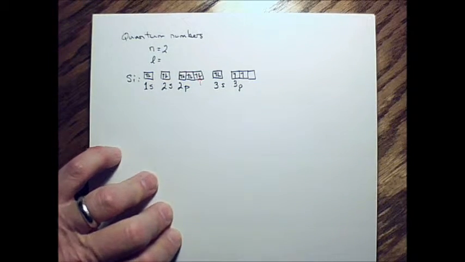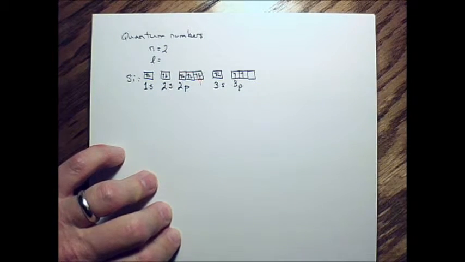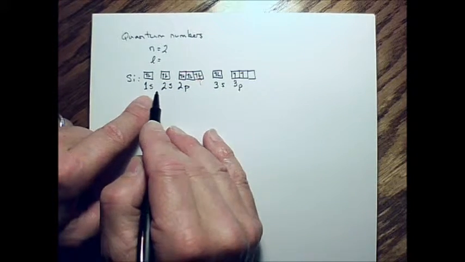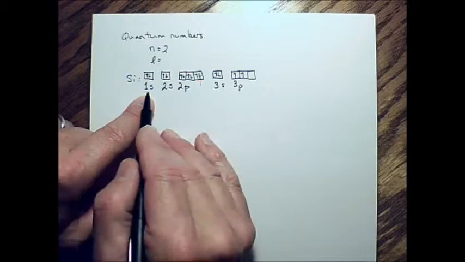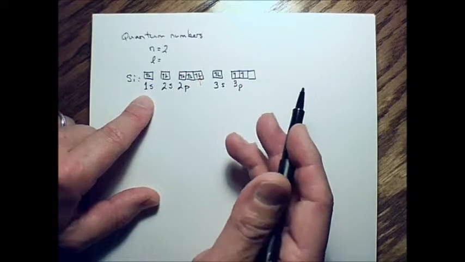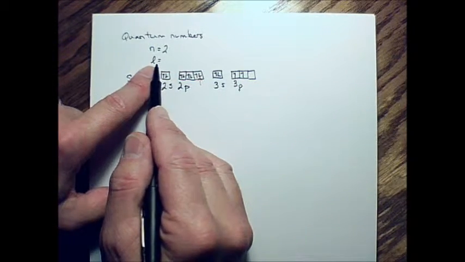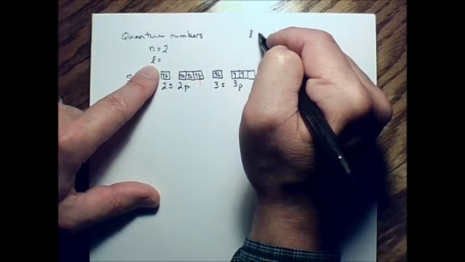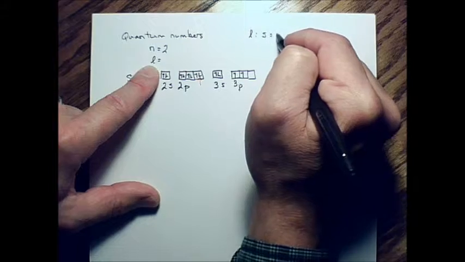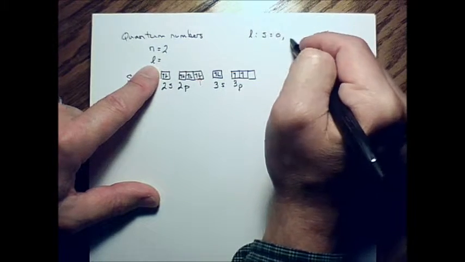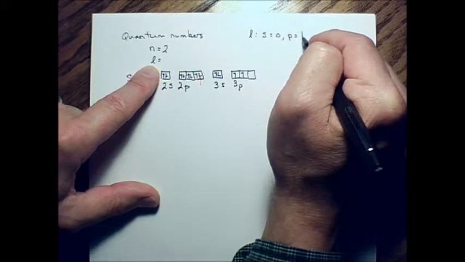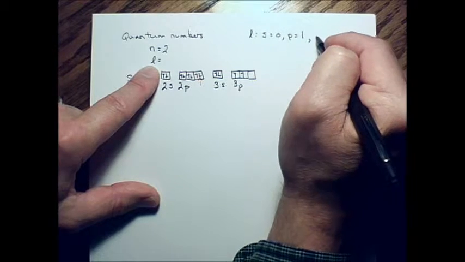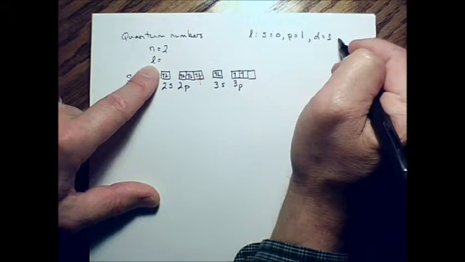L tells you what sublevel region the electron is located in. The sublevels in orbital notation are represented by S, P, D, or F. But in quantum numbers, L for S will always be 0, P will always be 1, and D will always be 2.